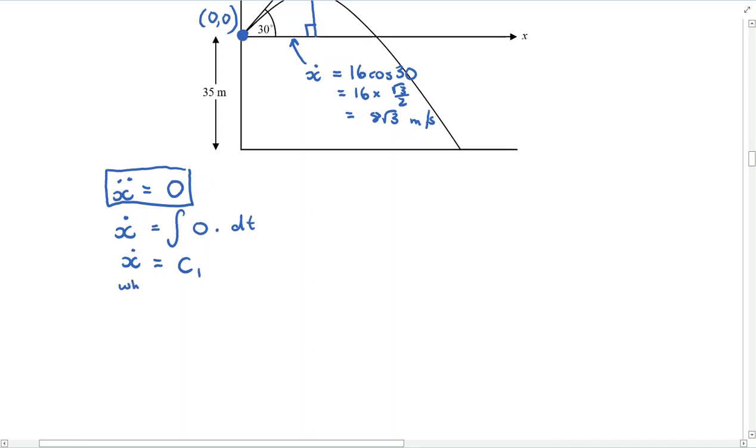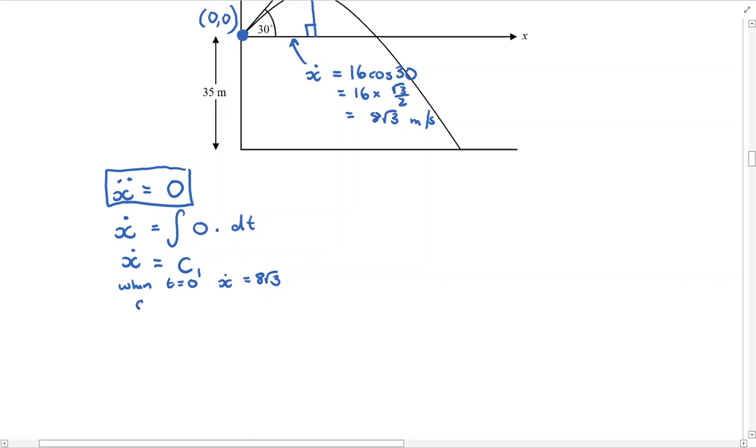So what I'm subbing in here is I'm saying when time equals 0, the projection of this ball, the speed, velocity, is equal to the 8 root 3 that we worked out from our diagram. So subbing that into my equation there is no t.